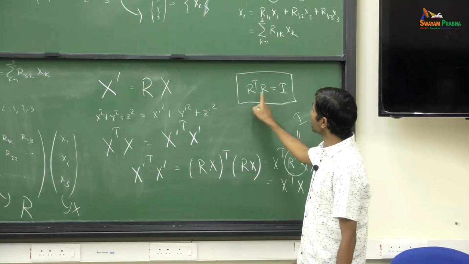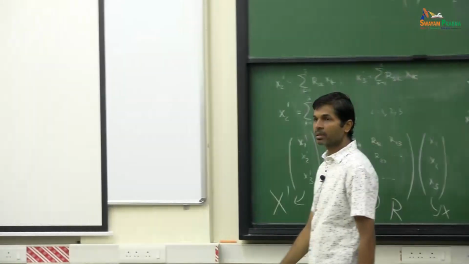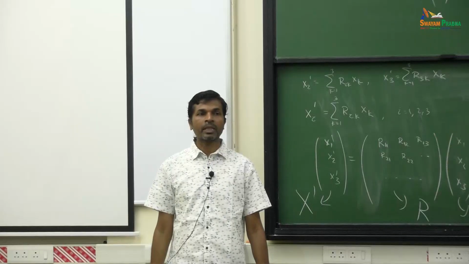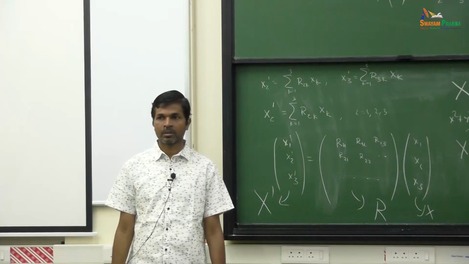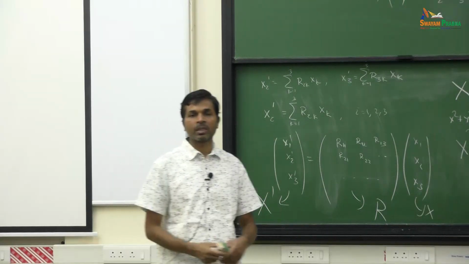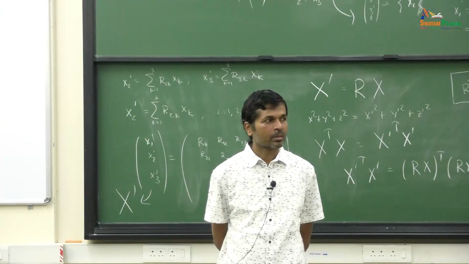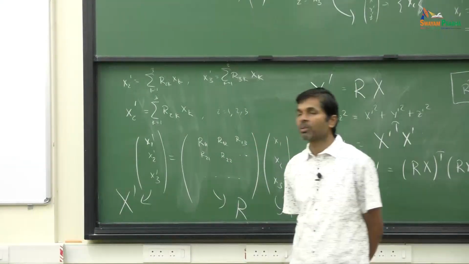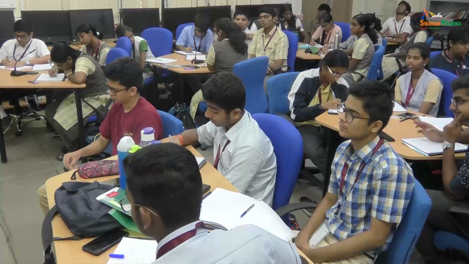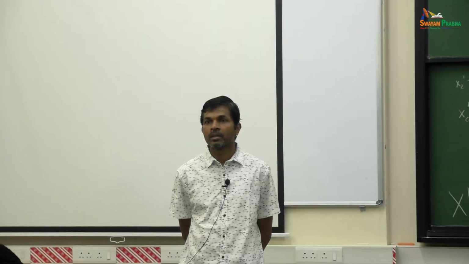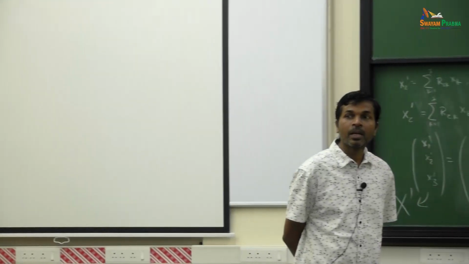If you consider a matrix which satisfies this relation, it is called an orthogonal matrix. Okay? So rotations are basically orthogonal transformations. But not all orthogonal transformations are rotations. Can anybody give me an example of an orthogonal transformation which is not a rotation?